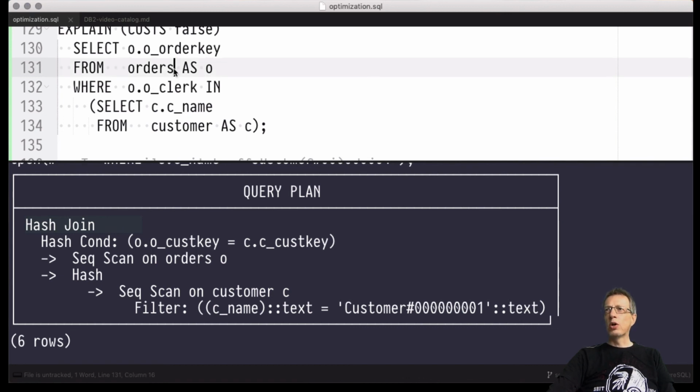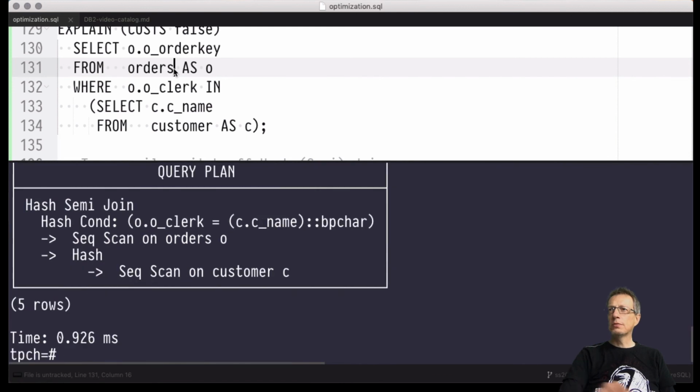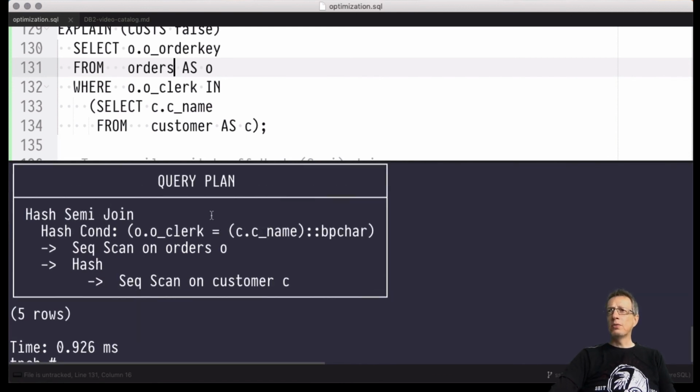To accommodate that, the system constructs a variant of the hash join here, the so-called hash semi-join. You see that everything else has remained the same, but the top level operator is now a hash semi-join.